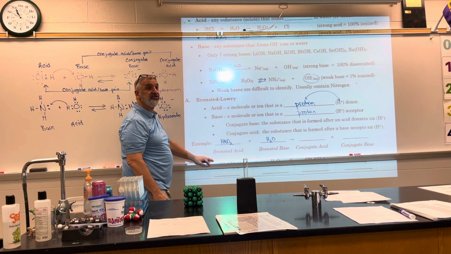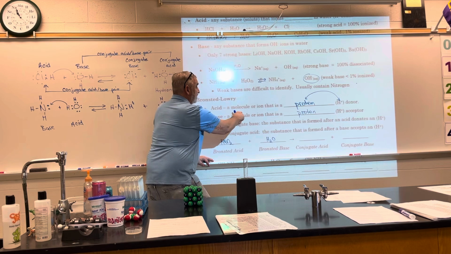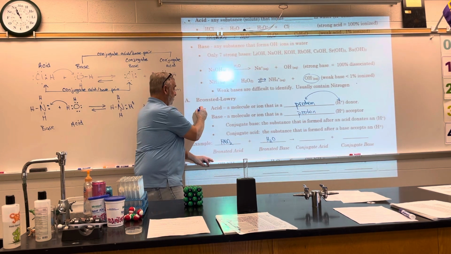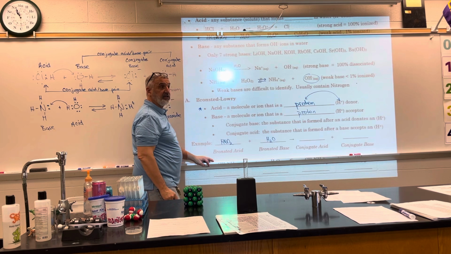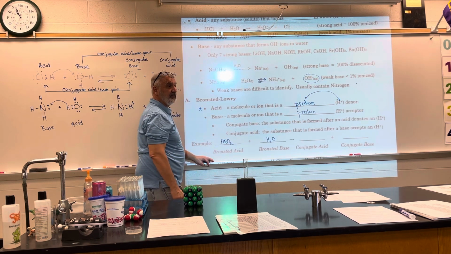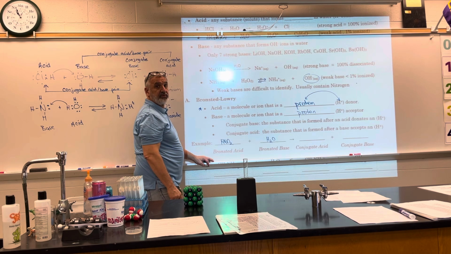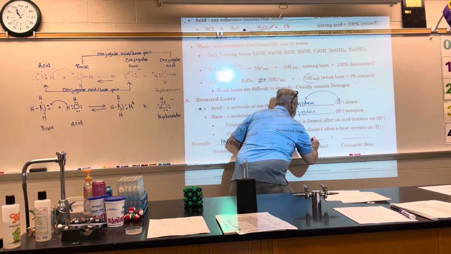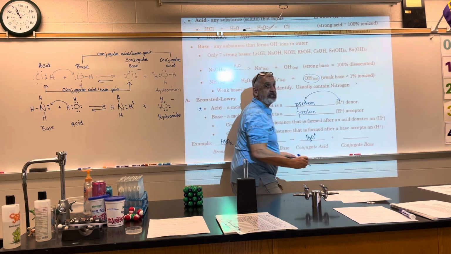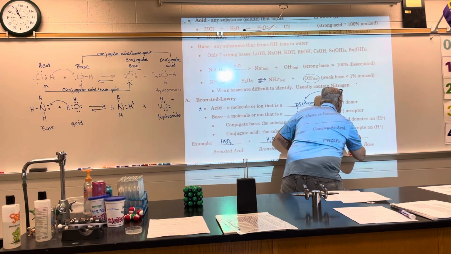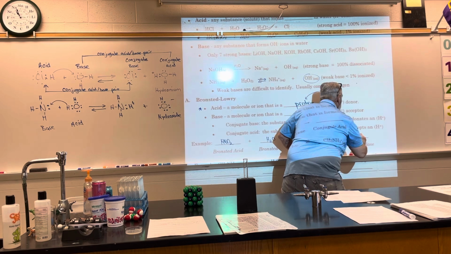So what do acids do with hydrogens? They lose it. Or they transfer it. They donate a proton, right? It's right here. They donate a proton. So if this donates a proton to the water, what am I going to make? H3O. Okay, so I'm going to make H3O plus, and what was the other thing going to be? NO2, but I lost the plus, so it's going to be NO2 minus.